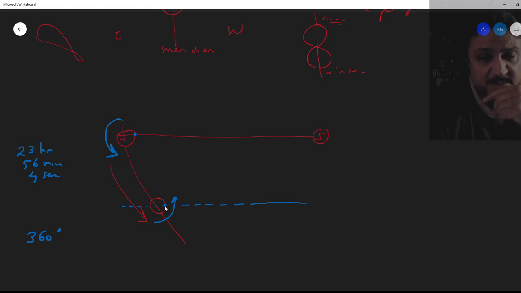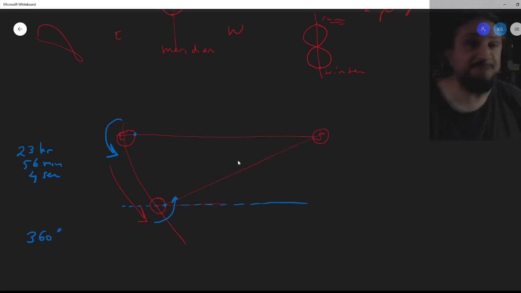When you are here after 23 hours 56 minutes, the sun is no longer at the top, right? Very simple. I mean, look, this is how the line that joins the center of the Earth to where you are continues. This is the line. But this line shows you where the sun is.